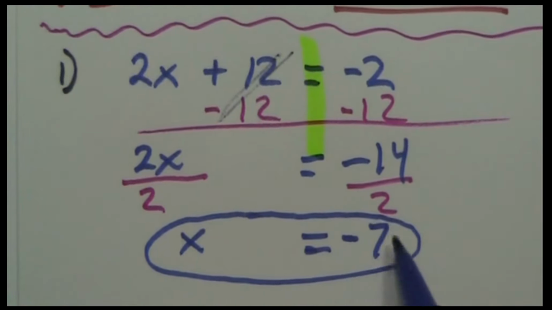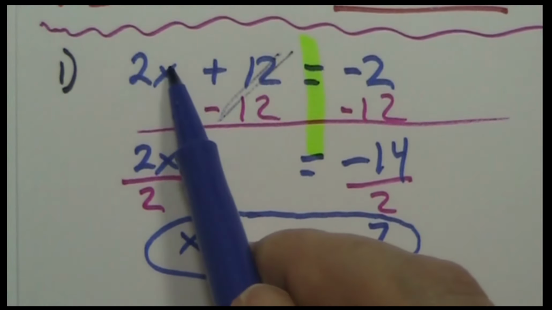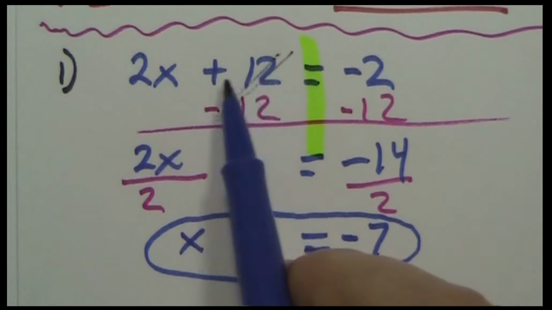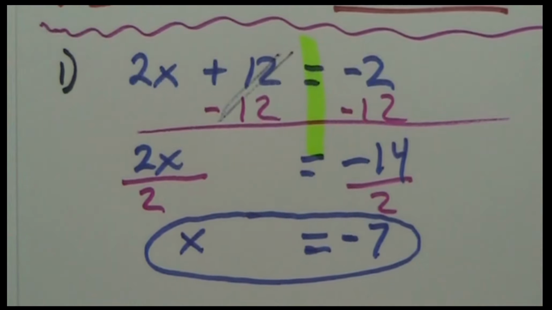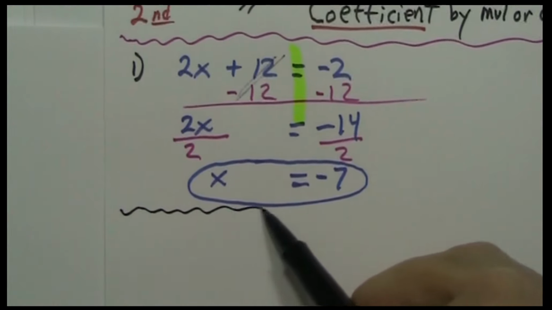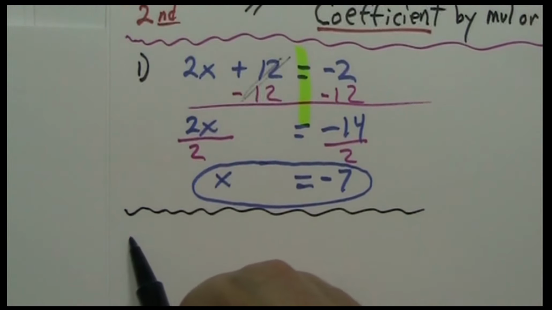By the way, if you want to check it, you take -7 and plug it in here. 2 times -7 is -14, plus 12 makes -2. It does work.